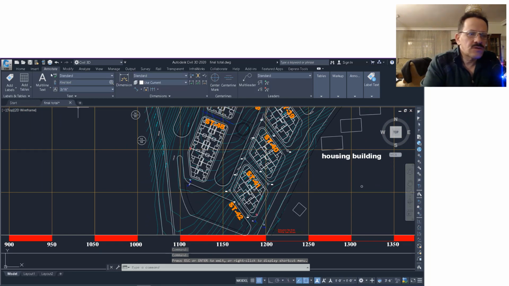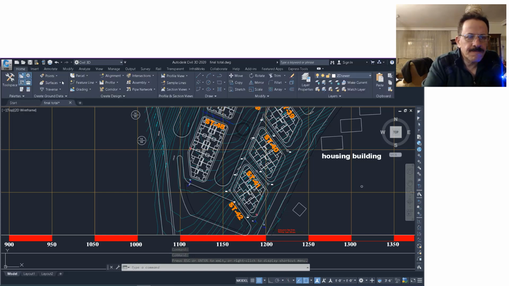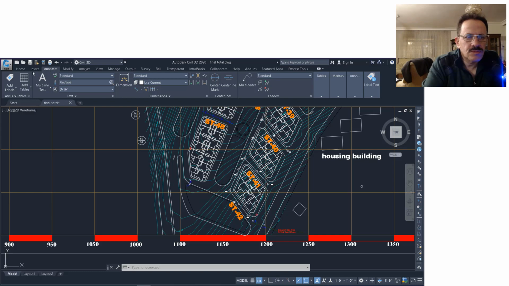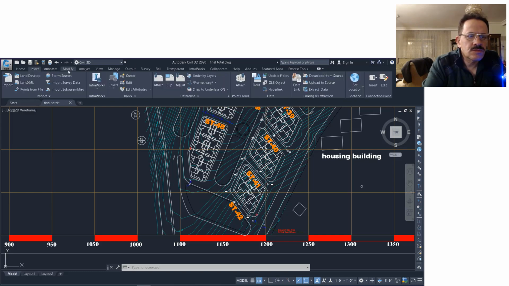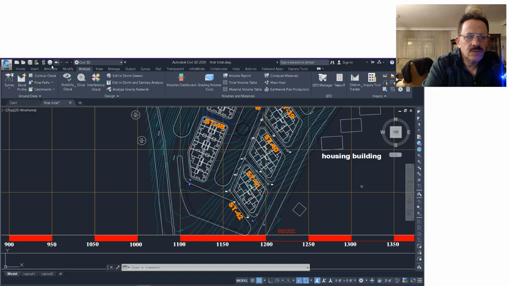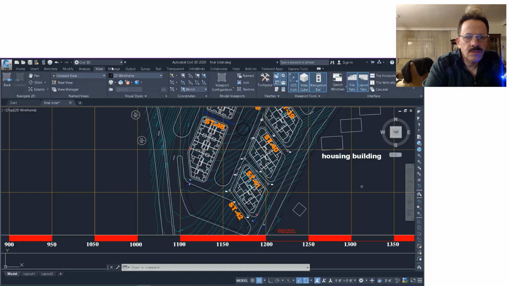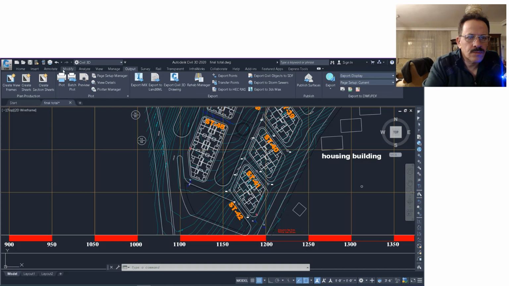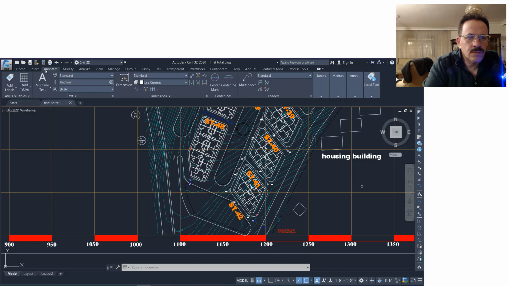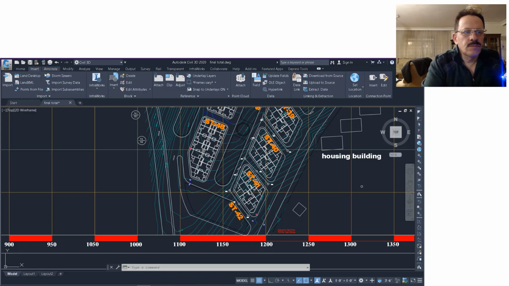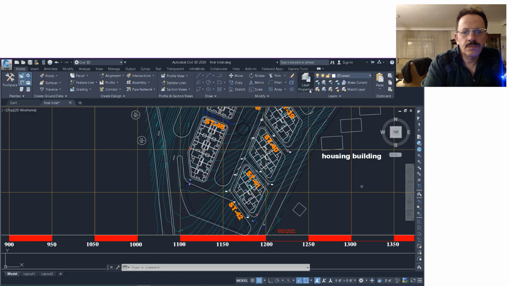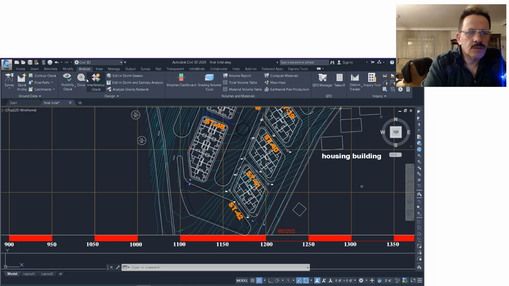The area can be found using AutoCAD. So you can go to Analyze and use Inquiry, and from the Inquiry we have Area.